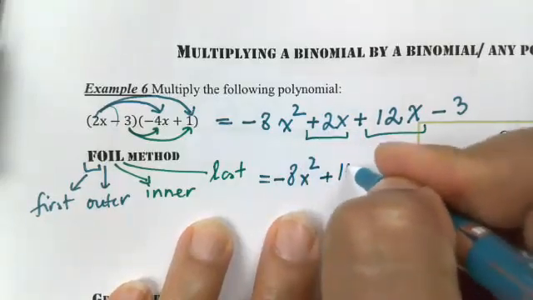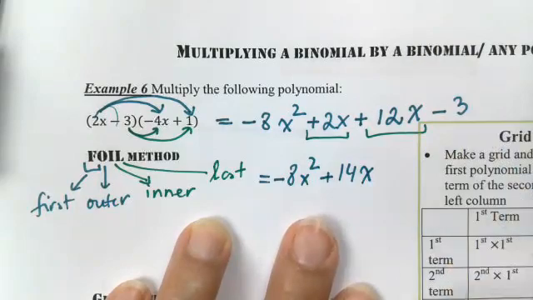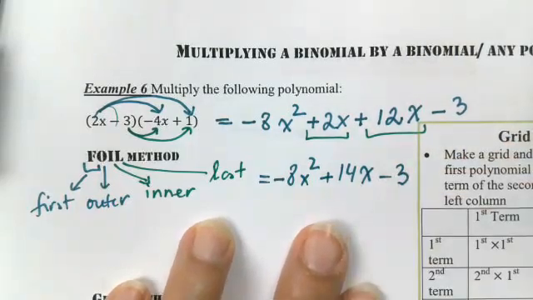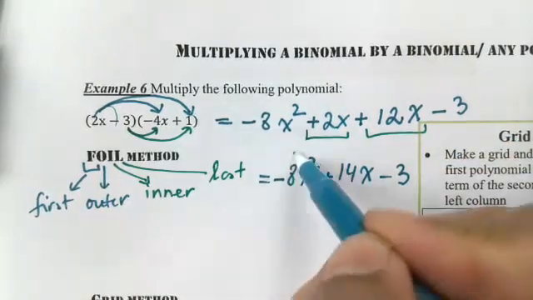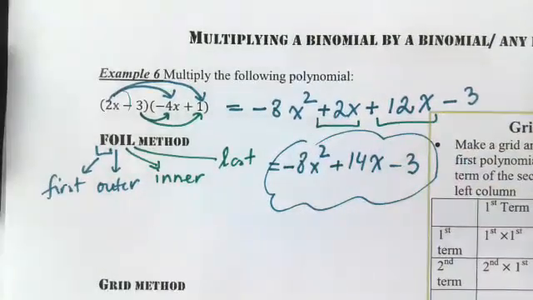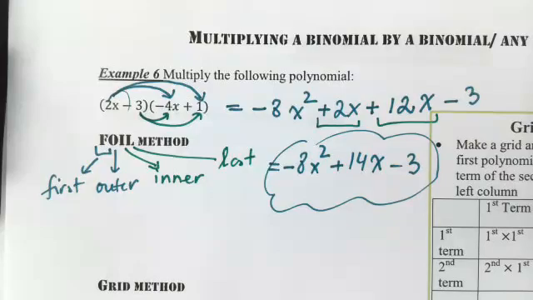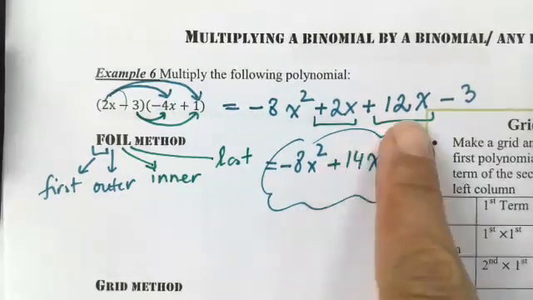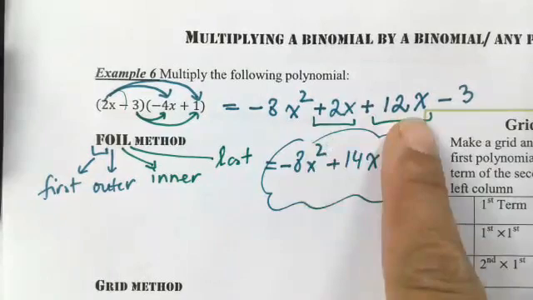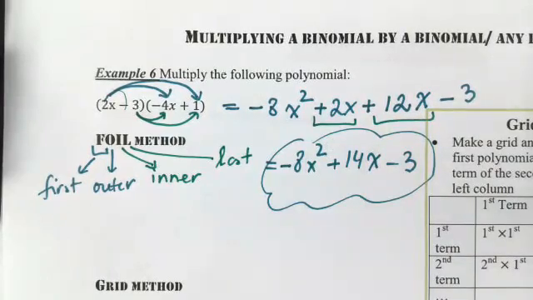We write 14x. And negative 3, we just copy. That's our answer to this multiplication. I added these two terms, the 2x and the 12x. All good?